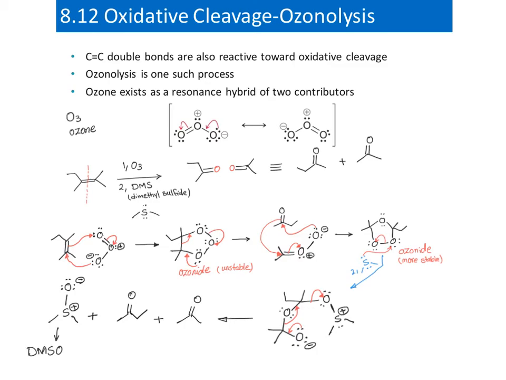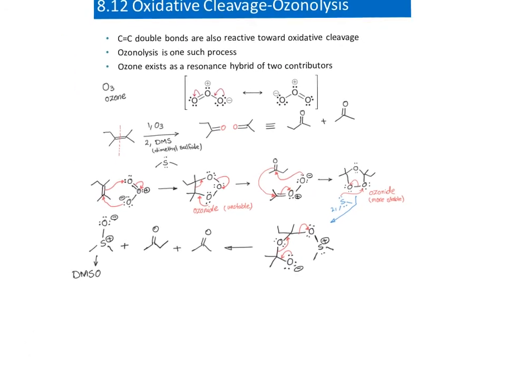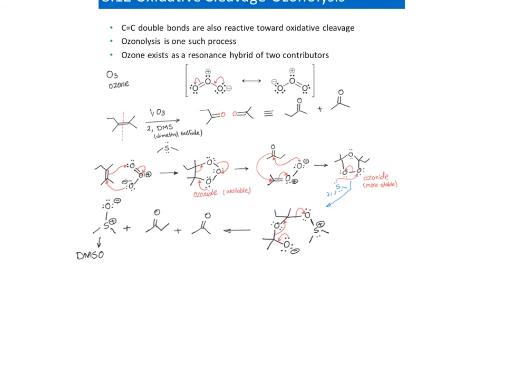Now let's look at a couple of examples. So we have this structure. In the first step we add ozone, and second one we are adding dimethyl sulfide.